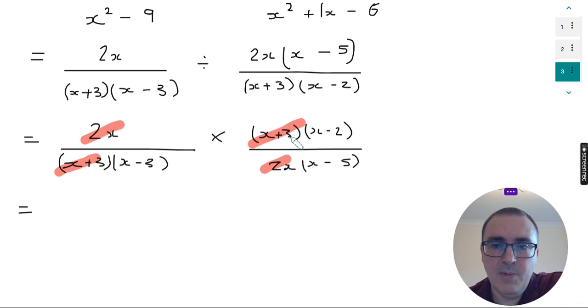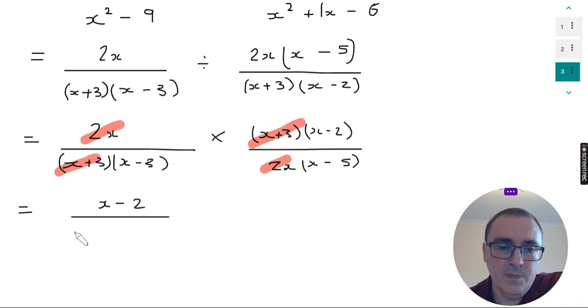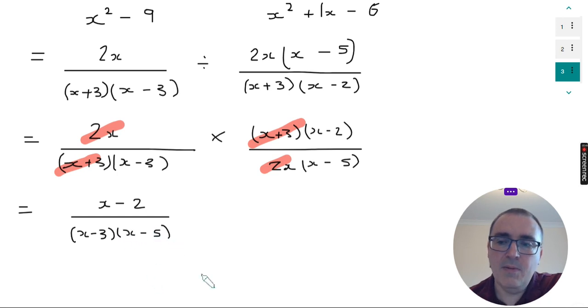On the top we're just left with the x minus 2. We don't need the bracket because we're not multiplying it by anything else. And then we've just got x minus 3 times x minus 5 on the denominator. So that would be our final answer.